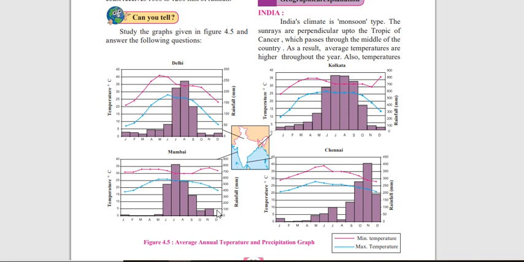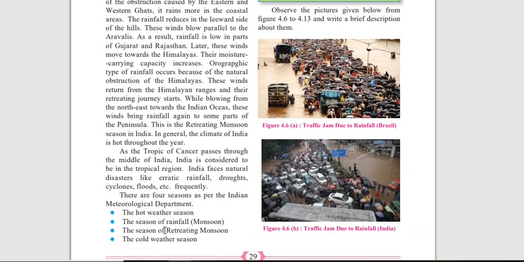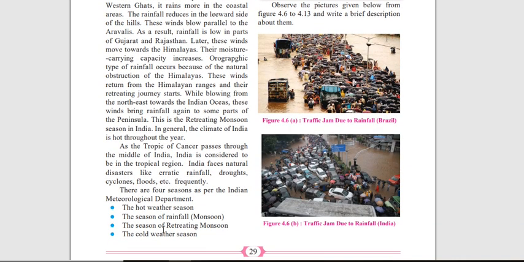India faces natural disasters like erratic rainfall, droughts, cyclones, floods, etc. frequently. There are 4 seasons as per the Indian Meteorological Department. First, the hot weather season lasting from March to May.